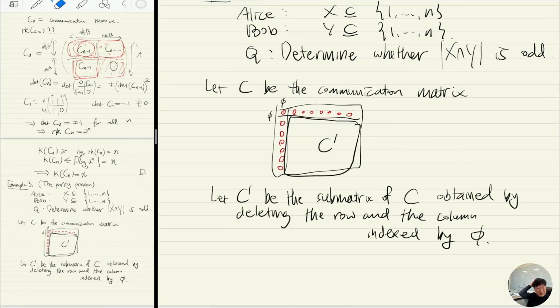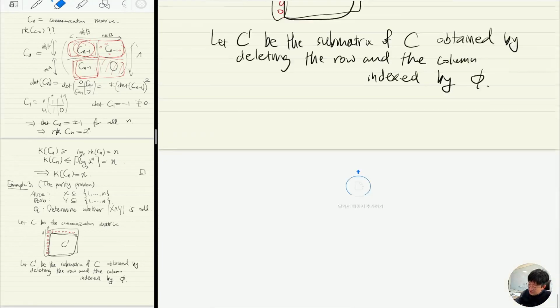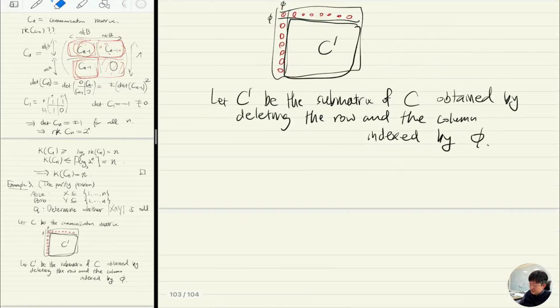Now let's make some observations. What are the properties of C prime? C prime is symmetric, right? Because there's no distinction between Alice and Bob. If you take the transpose, it's still the same matrix.